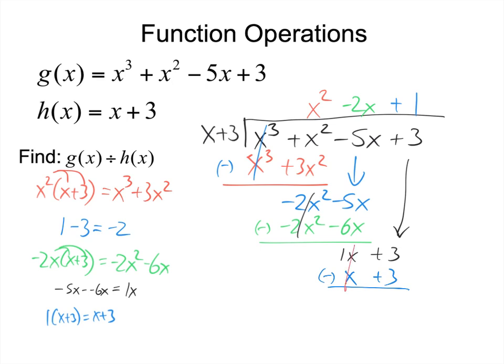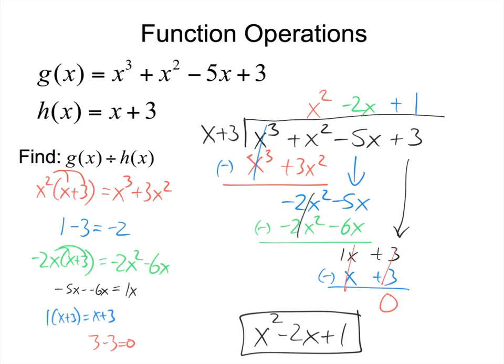Well, that cancels, and so does that, because 3 minus 3 is 0, so there's no remainder. So it divided perfectly. So my answer, when I divide these two, is simply x squared minus 2x plus 1. This is the answer when I divide this by this, because there is no remainder.